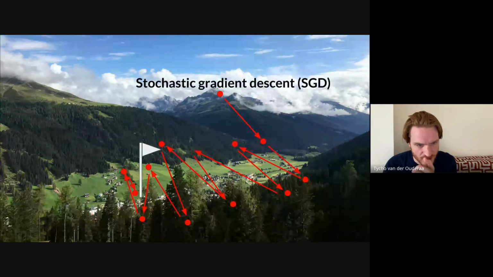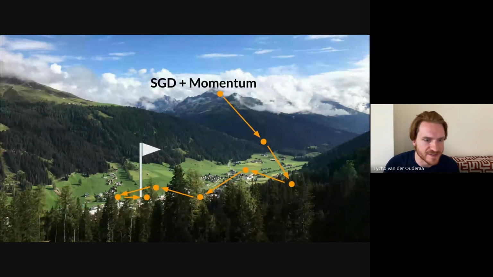So one way to counter this is by adding some momentum or damping. SGD plus momentum does better. It removes some of these oscillations by smoothing the trajectory. But still, you have this problem somewhat, and you also need to really tune this new hyperparameter, and it can be somewhat difficult.